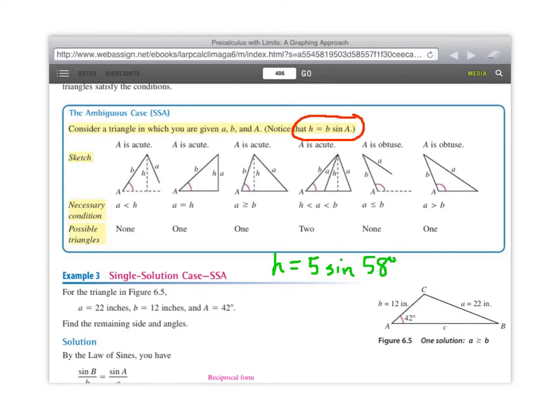So when you plug this into your calculator, you find out that 5 times the sine of 58 is equal to 4.24. So that obviously means that for this problem, your H is 4.24.